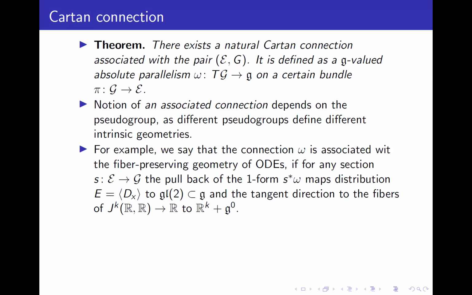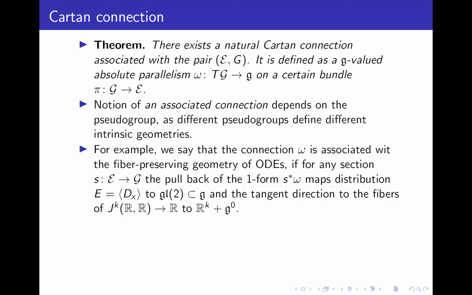Again, if we look for a parallel with Levi-Civita connections, for example, we have a notion of a metric associated. There are many Riemannian metrics associated to a certain manifold.